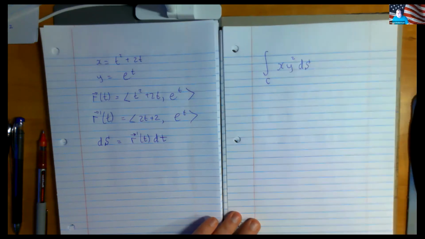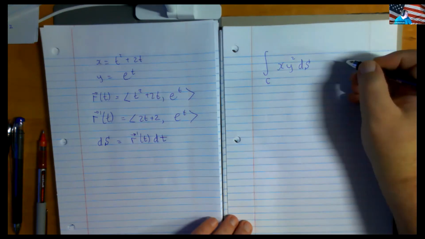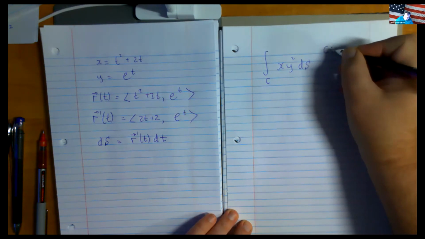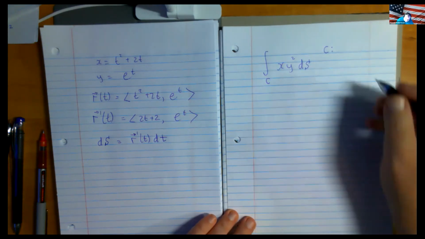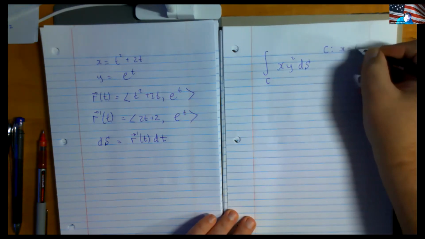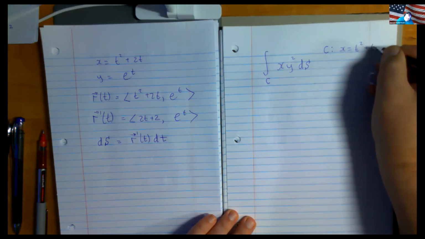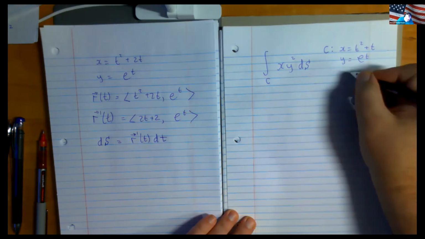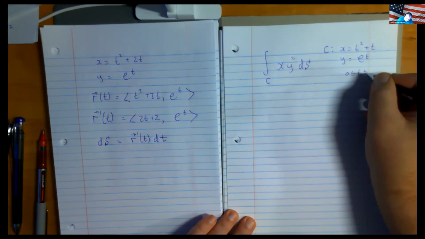So that's what it will look like originally before it gets changed. And they are going to tell you the parametric equation of the curve. Let's say that x is t squared plus t, and that y is, I don't know, e to the t, and that t is going to go from 0 to 2.